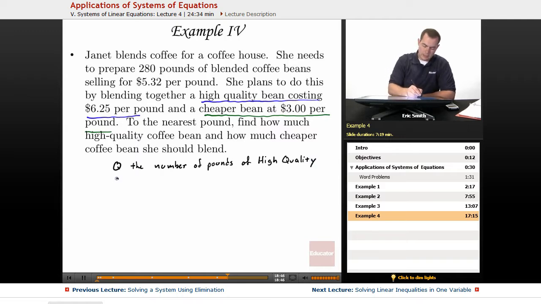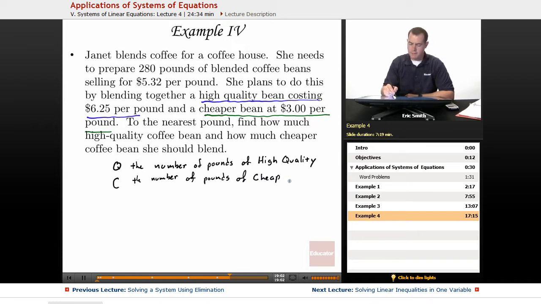We'll let C be the number of pounds for our cheap quality coffee.